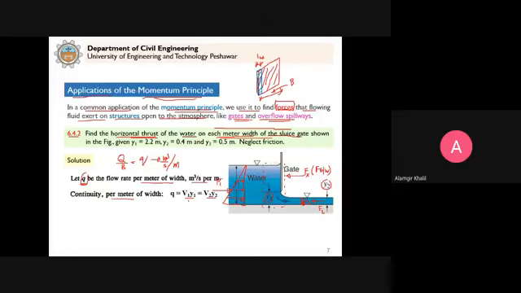Now Y1 and Y2 are given, so we can express V1 is equal to q divided by 2.2. What is 2.2? That is Y1, which is 2.2. Similarly, V2 is equal to q divided by 0.4. What is 0.4? Y2 is 0.4. So V1 equals q divided by Y1, and V2 equals q divided by Y2.